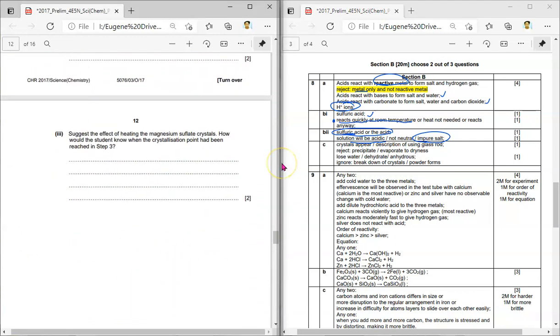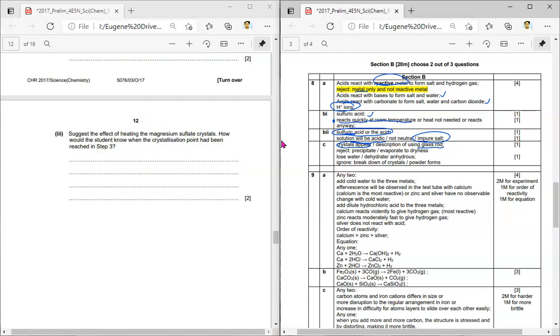Next one, suggest how the student would know when the crystallization point had been reached in step 3. So first thing, when you heat it to the point of crystallization, you'll start to see crystals appearing. Or you can talk about the use of a glass rod.